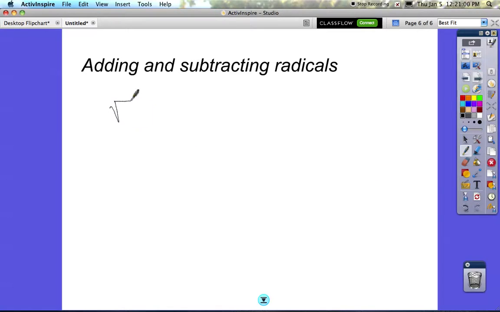If we had 2 square roots of 3, we're adding 5 square roots of 3, and we're subtracting a square root of 3, what you do is you add each one of these outside numbers or subtract them. So 2 plus 5 is 7 minus 1 is 6 what? Square roots of 3. Okay? 6 square roots of 3.